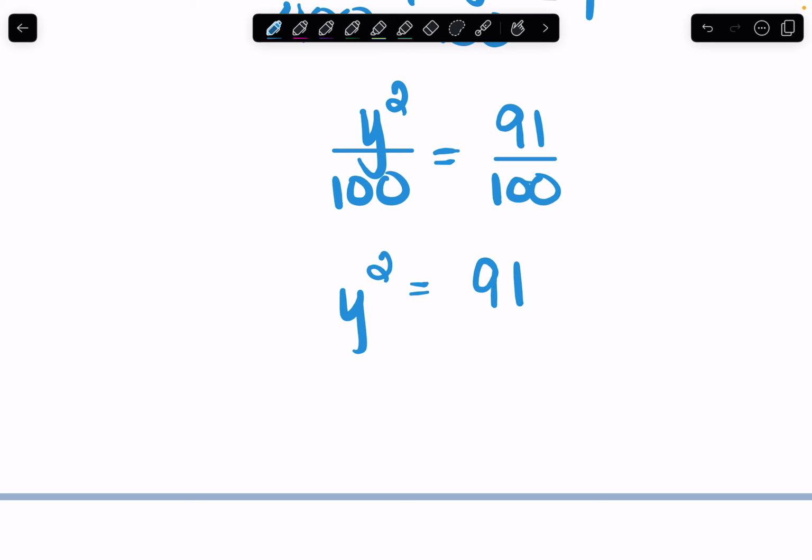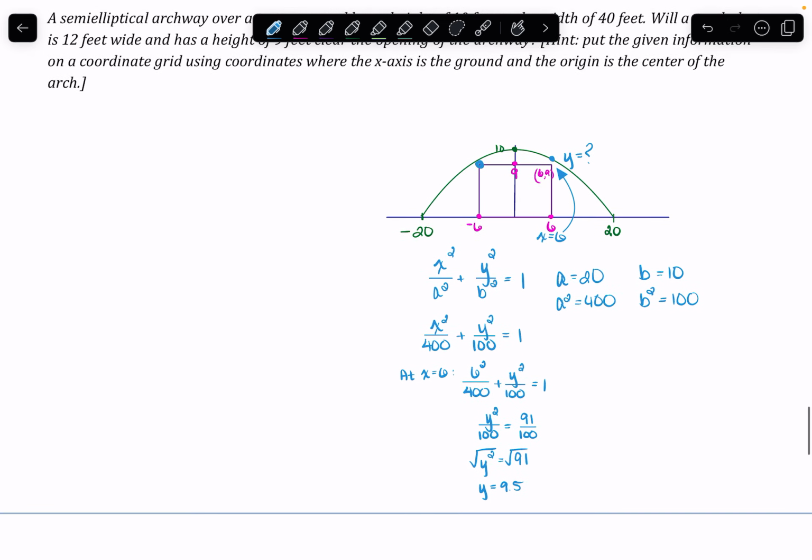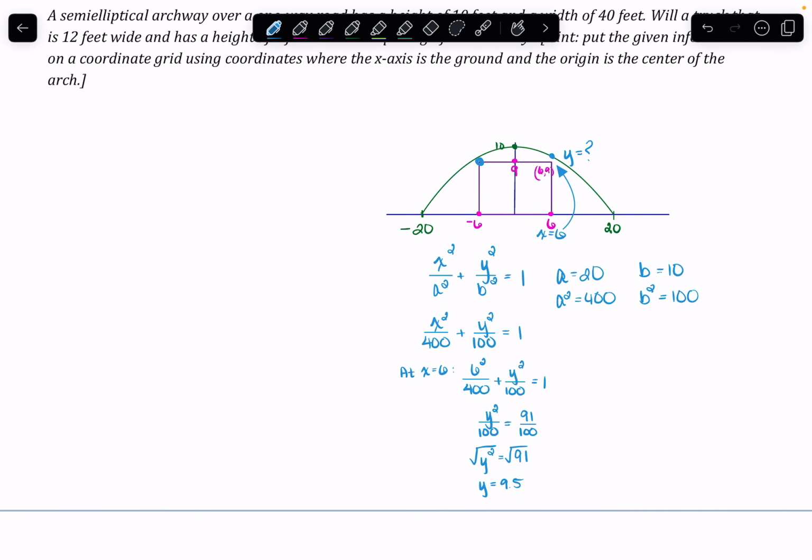We're not concerned with the plus and minus. We're only concerned about the upper half of this ellipse. So when we square root it, we only need the positive. The square root of 91 is approximately 9.5. It doesn't say anything about decimals. We're just answering basically yes or no. So what that tells us is that when we plug in the x value 6, the point on the ellipse has a y value of 9.5.